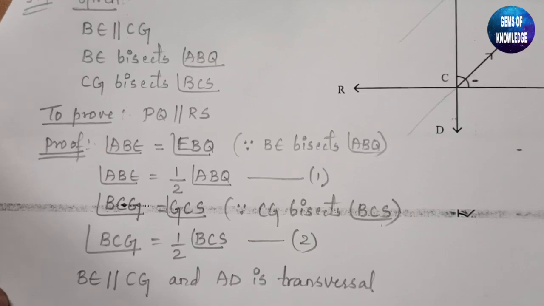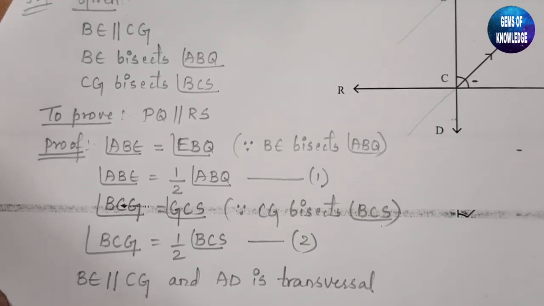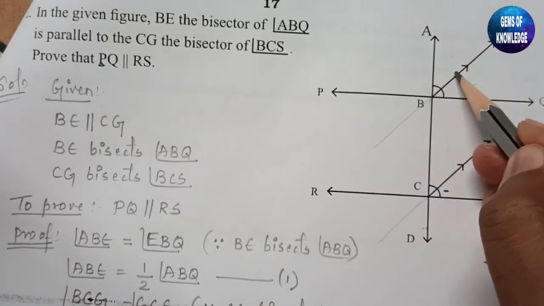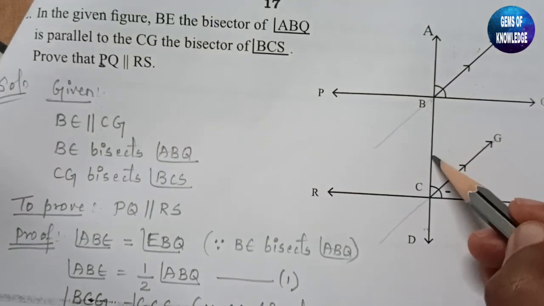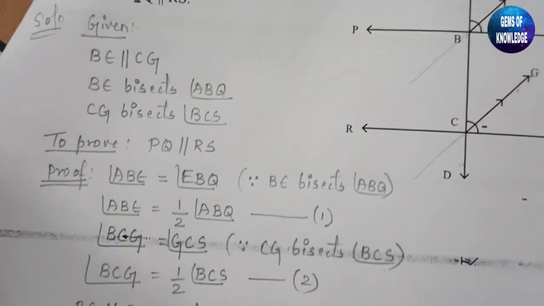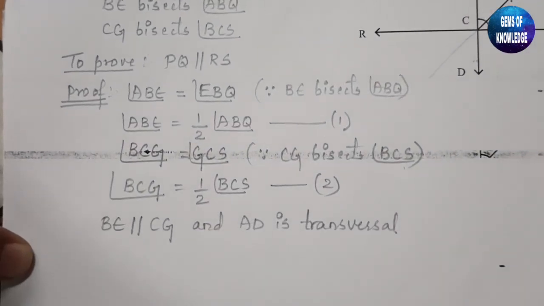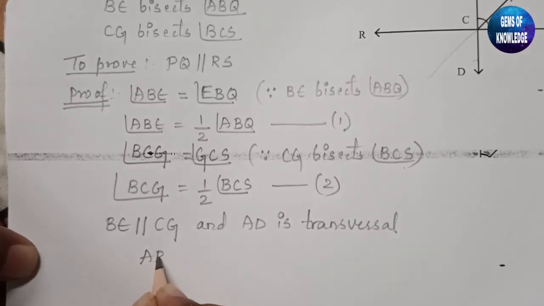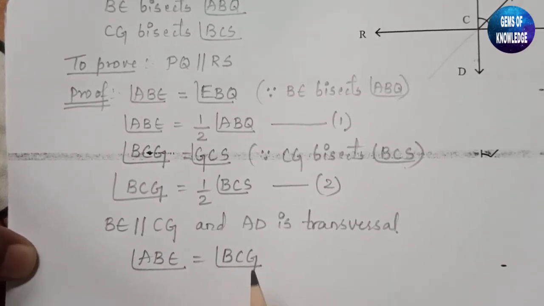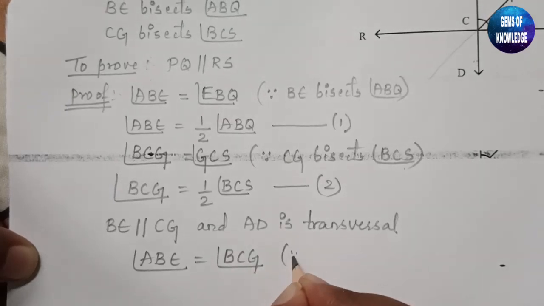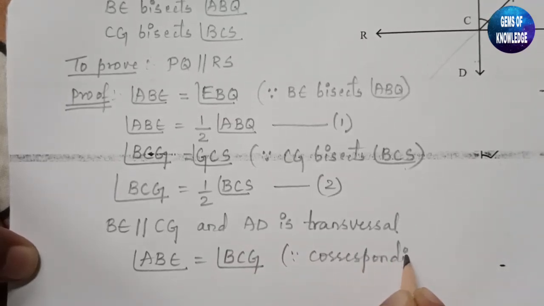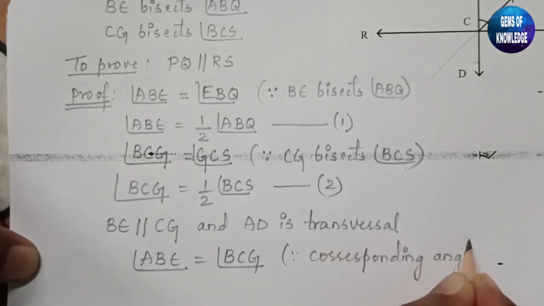Then exactly I can write, this angle ABE is equal to angle BCG, since the reason is corresponding angles.